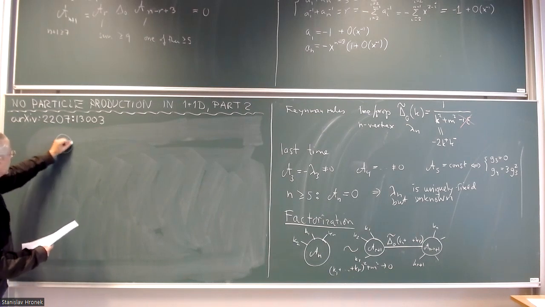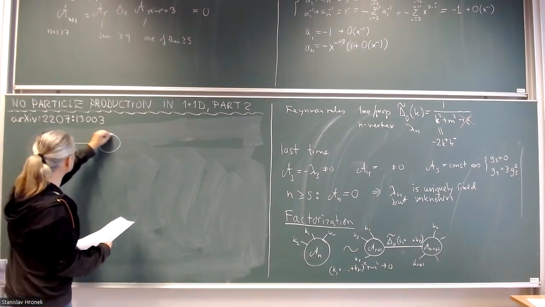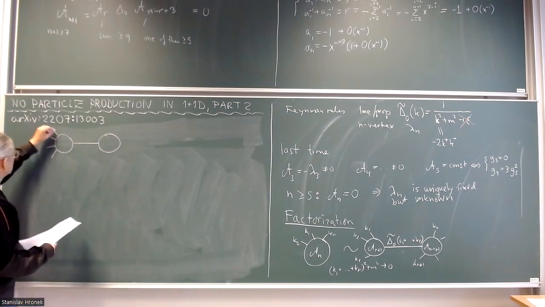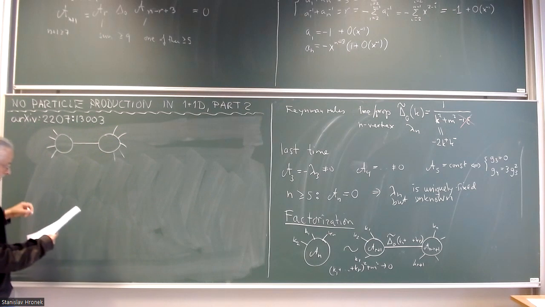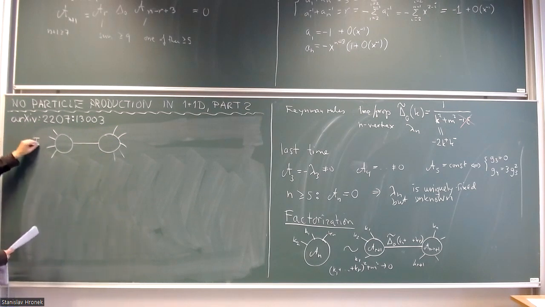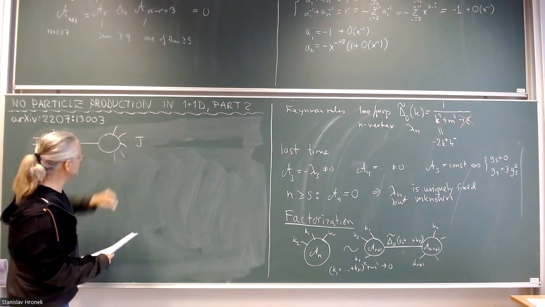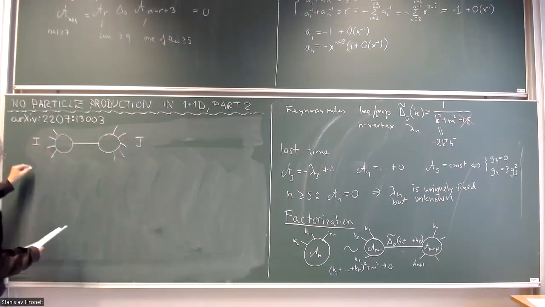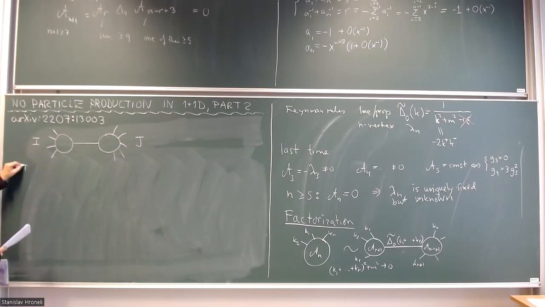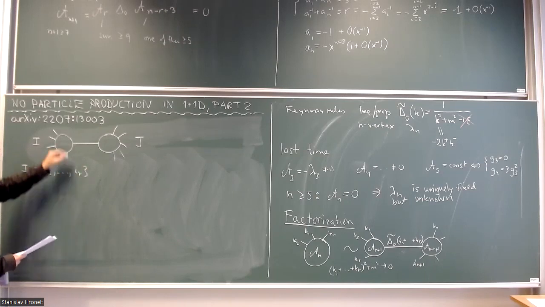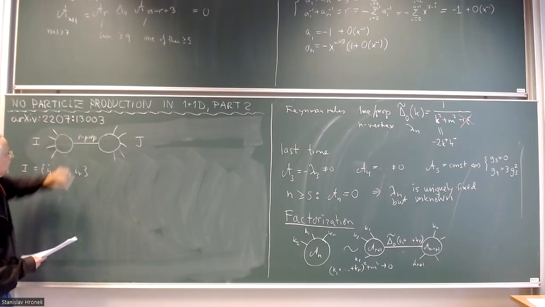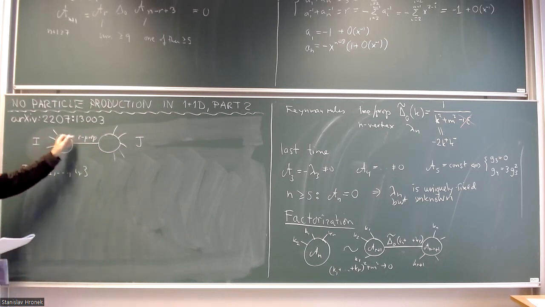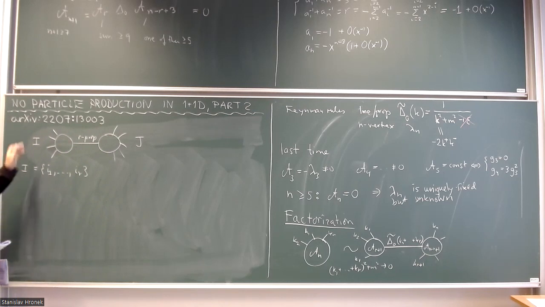Let's look at a generic internal propagator. So let's call this set I, and this set J. The index set I will be indices I1 to IR, so this would be an R propagator, where R stands for how many external momenta flow through.